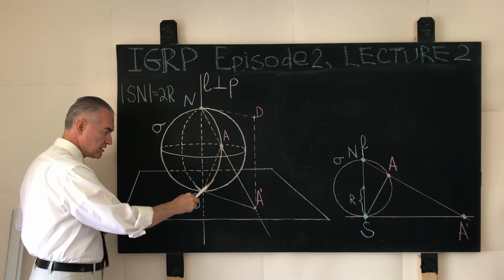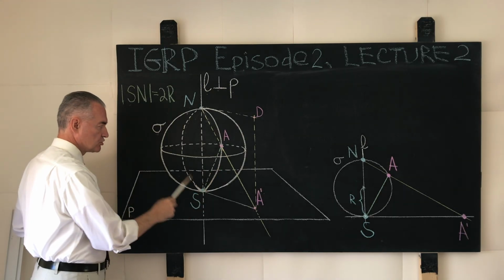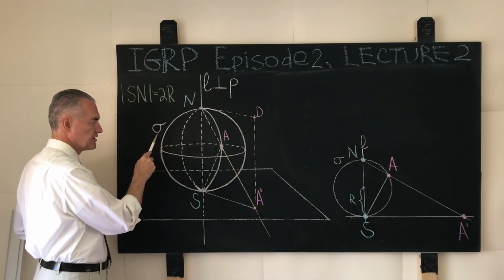This guy right here, a great circle of the Riemann sphere called sigma.